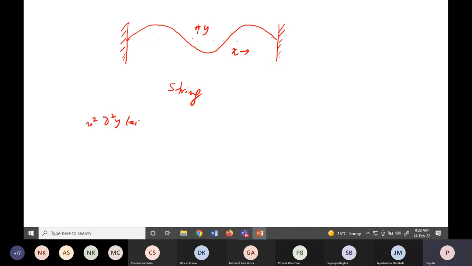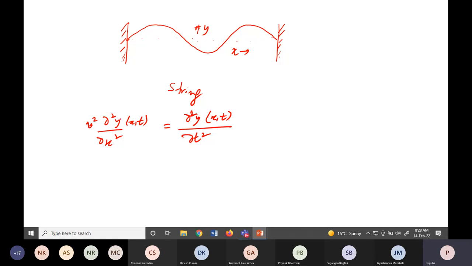The standard wave equation of such a string can be written like this. Probably you know these things, but let me just mention this once more. So this is how we can represent a transverse wave propagating along a string.